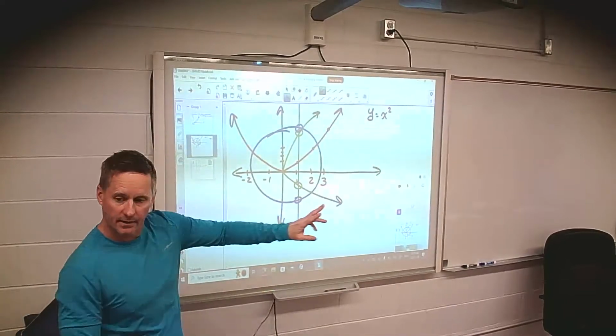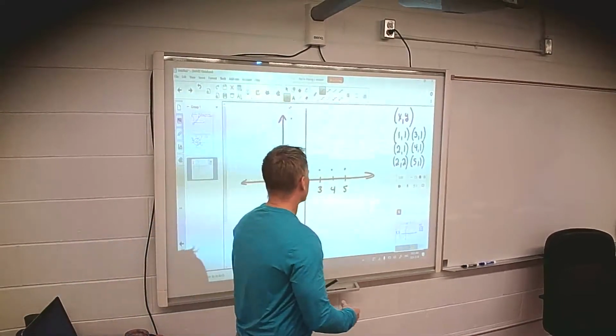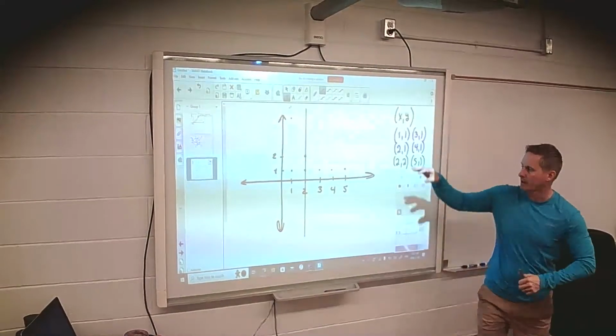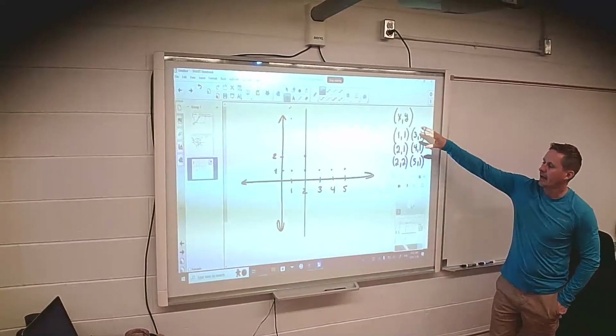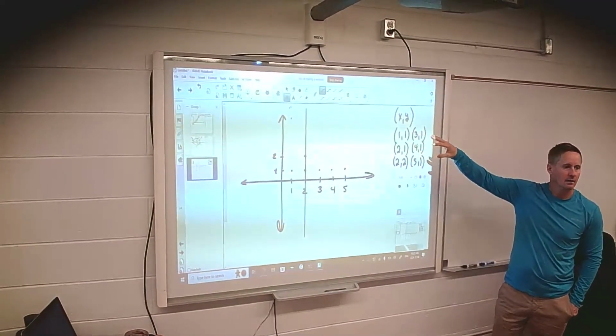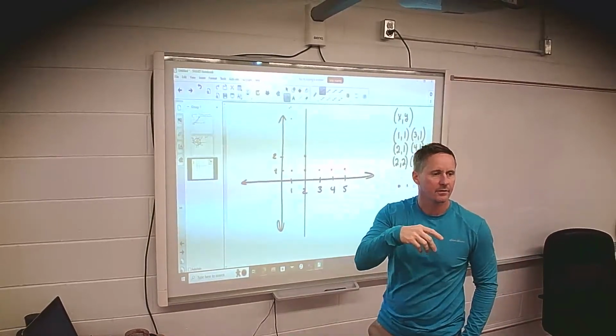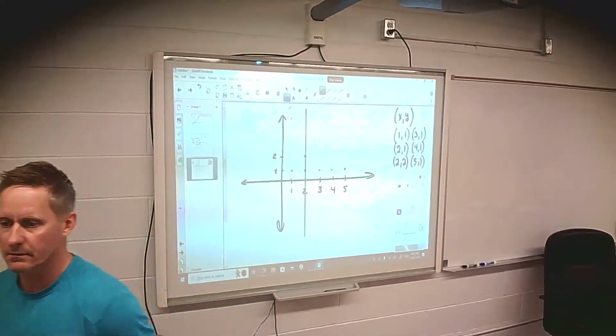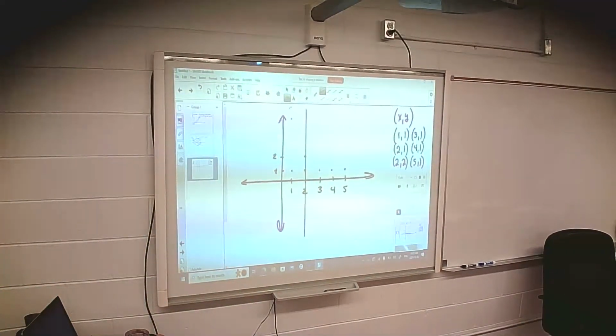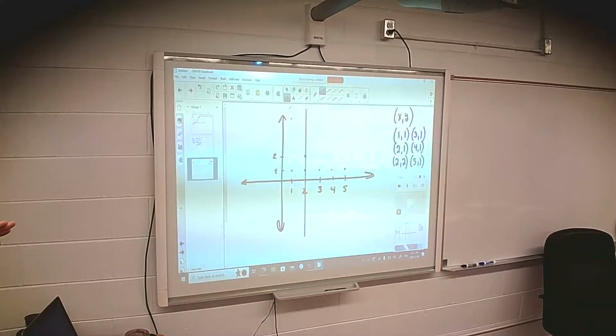Okay, let me explain it here and see if we can get it. Okay, so looking at these coordinates here, anywhere in here, does the x coordinate have different y coordinates? Are there any x values in there that have more than one y value? Which one? 2. 2 and 1, 2 and 2.